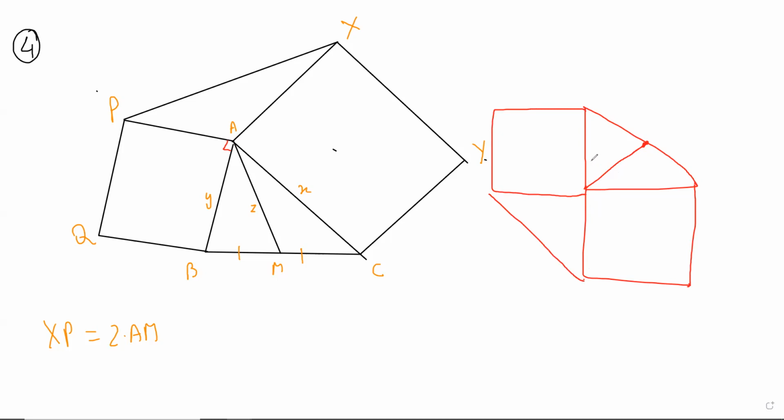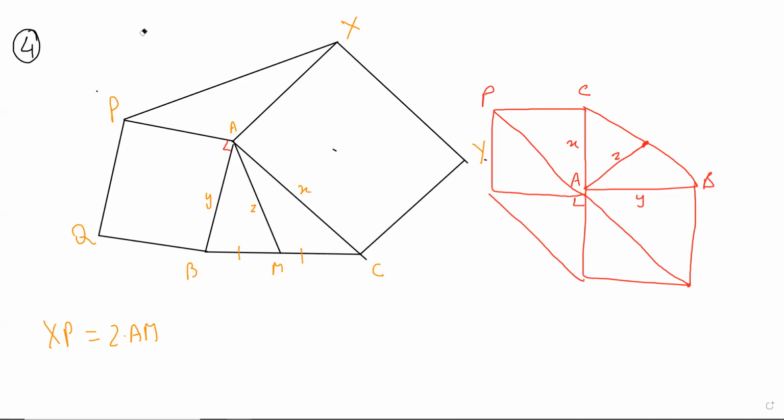Please say your reasoning, just from this picture, X, Y, and Z. Sir, if they're collinear, then PAC will also be 90. I don't understand, you wrote C twice.